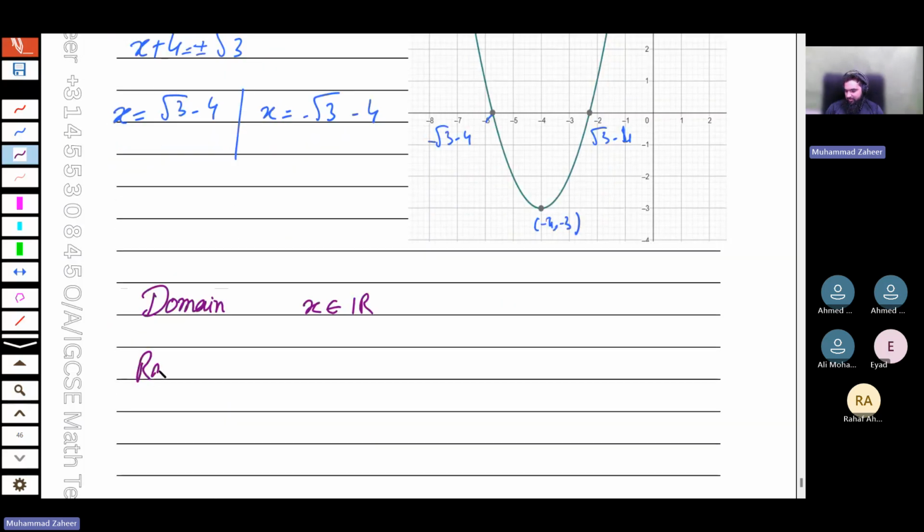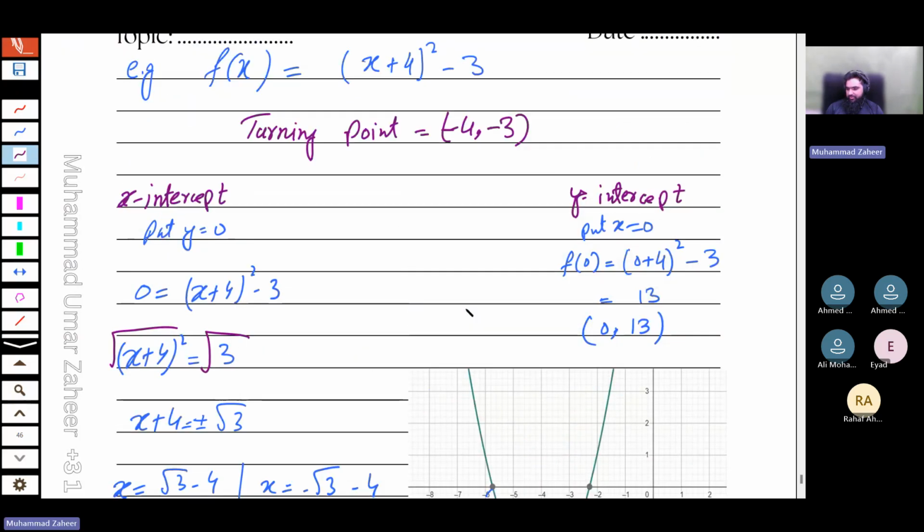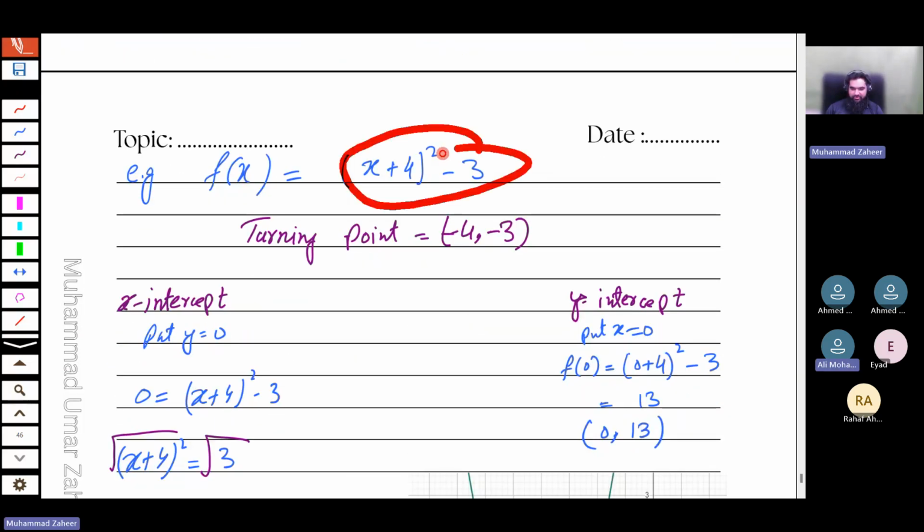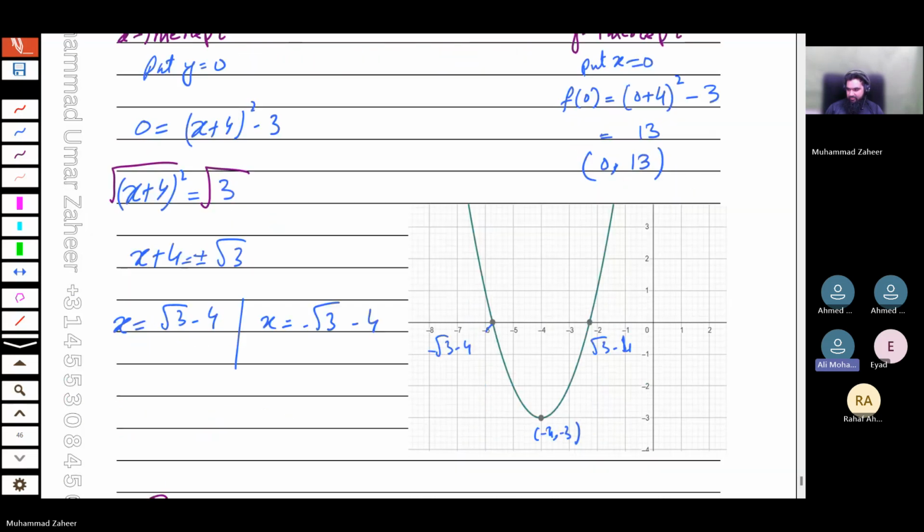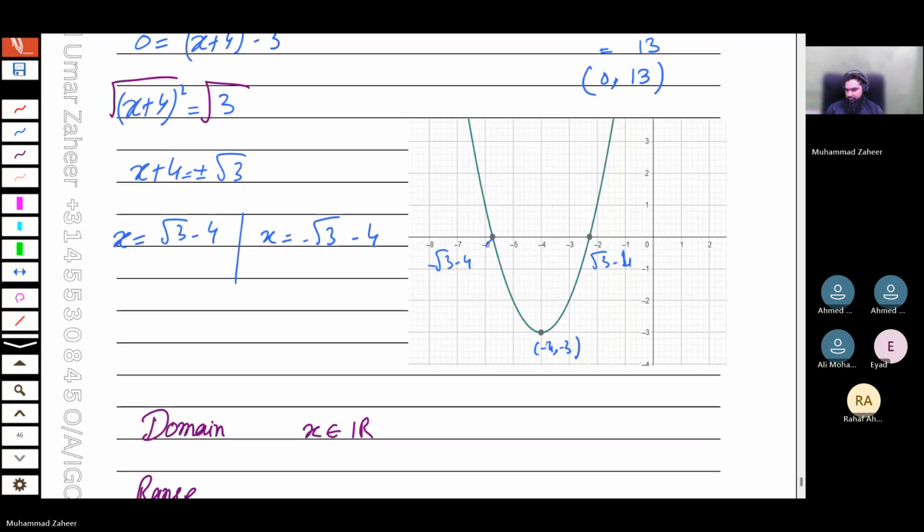Now let's see how to talk about the range of a quadratic graph. Yes, what would be the range? What would be the output of this function? f of x is greater than or equal to minus 3. Yes. Look at here, we are talking about the y values because we are talking about the range. So here the graph is going to be upright, so we take all the values that are greater than the turning point.